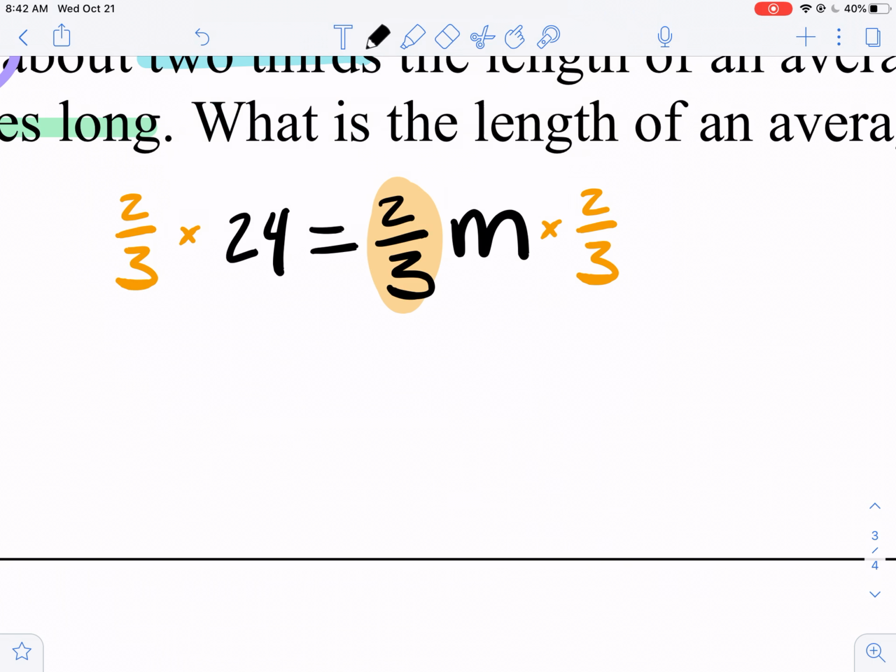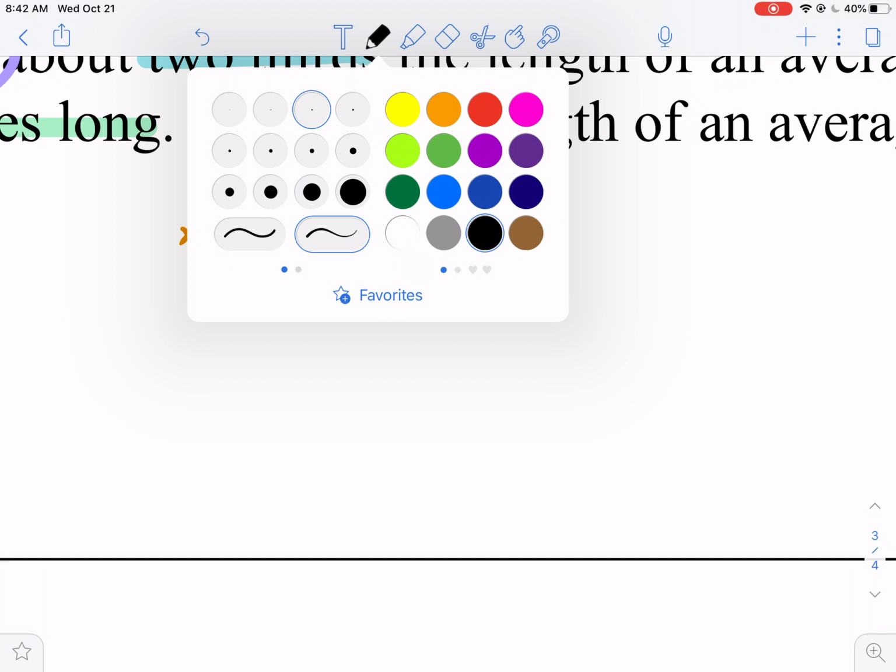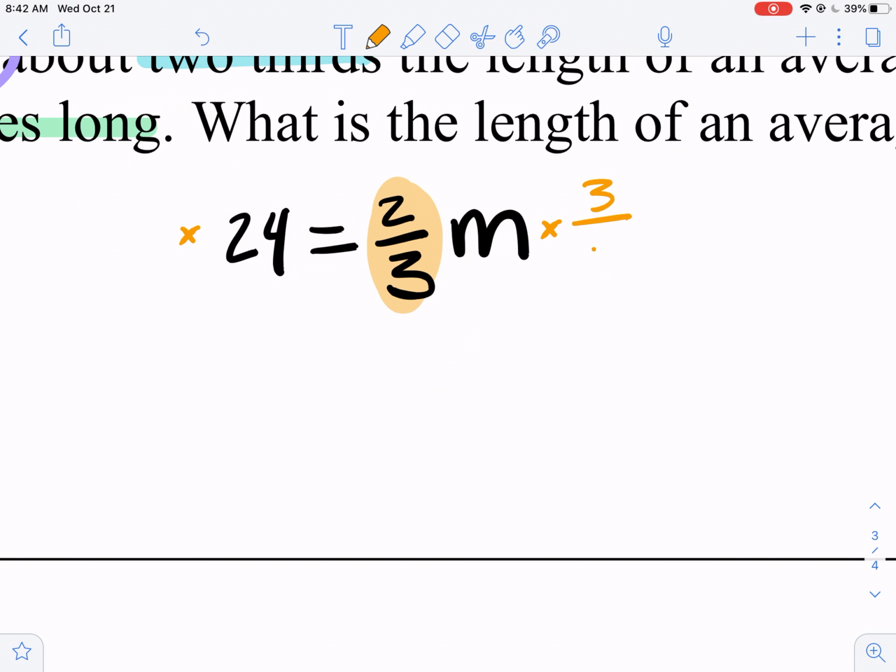So that's great, because the 2 and the 2, oh, no, not times 2/3, I lied. You need to multiply times 3/2. 100% my bad. It's in my notes right in front of me, and I still did the wrong thing. So the 2 and the 2 will cancel out, the 3 and 3 will cancel out, giving us just m on one side.